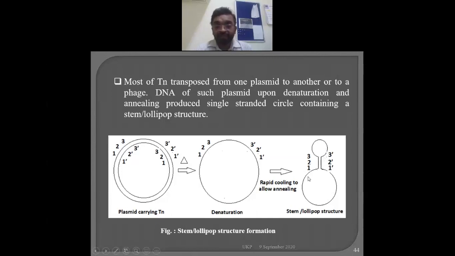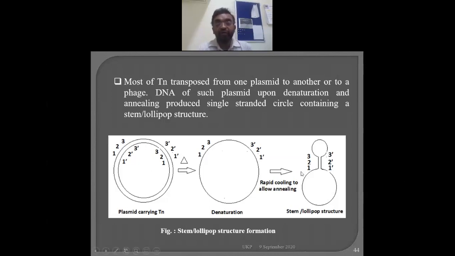Now these particular structures are very well seen under the electron microscope, and due to their typical shape, they are referred to as a stem or lollipop structure. Why is it referred to as a lollipop? Because it is very similar to a lollipop. Suppose you have collected the plasmid, denatured it, converted it into a single stranded plasmid, and then with appropriate buffer analyzed it under the electron microscope.